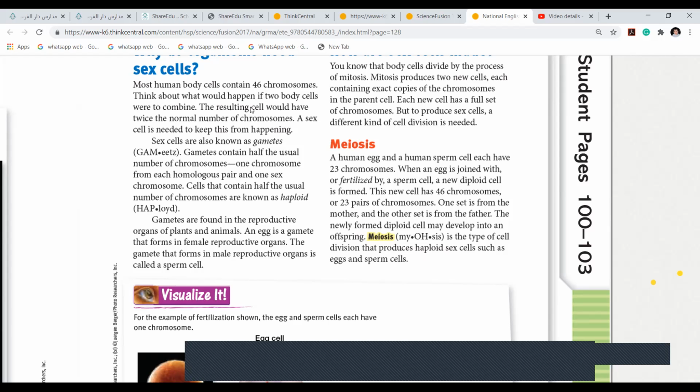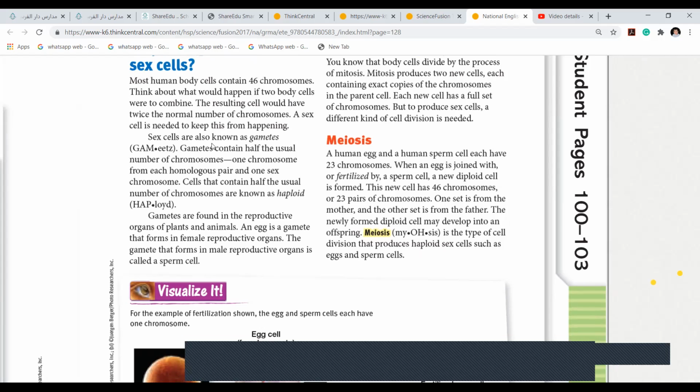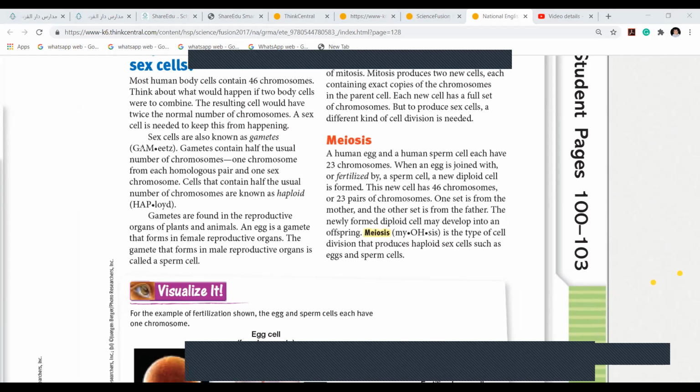Think about what would happen if two body cells were combined. The resulting cell would have twice the normal number of chromosomes. A sex cell is needed to keep this from happening. Sex cells are also called gametes. Very important again, please highlight this, girls. Sex cells are also called gametes. A gamete contains half the usual number of chromosomes.